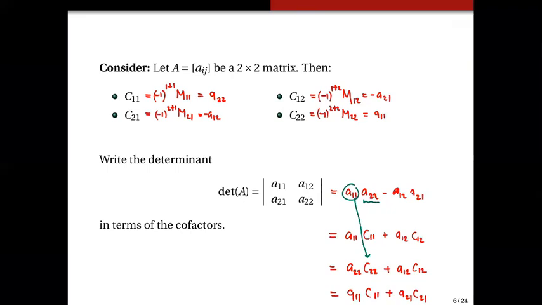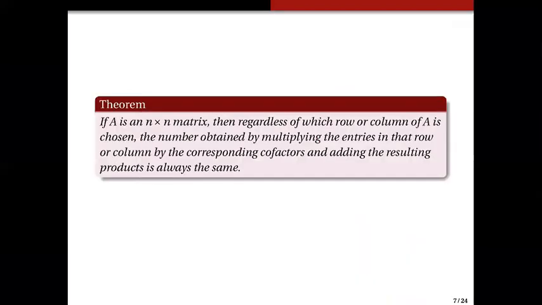Okay, so we extend this notion to n by n matrices. In order to find the determinant of an n by n matrix, we can simply follow the rules that we can deduce from this. So if A is an n by n matrix, then regardless of which row or column of A is chosen, the number obtained by multiplying the entries in that row or column by the corresponding cofactors and adding the resulting products is always the same.